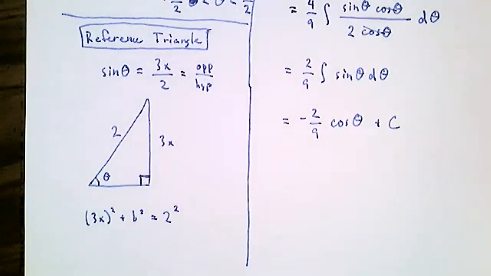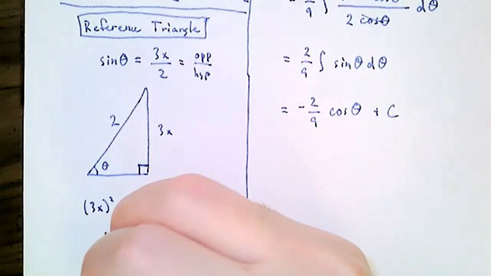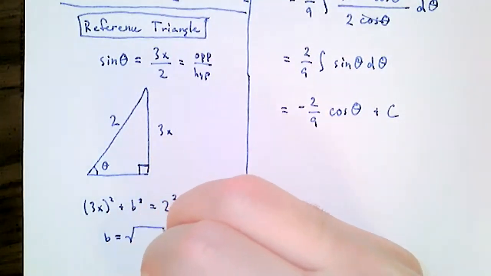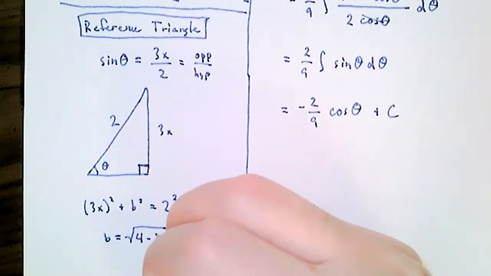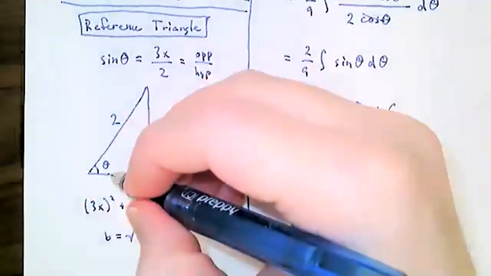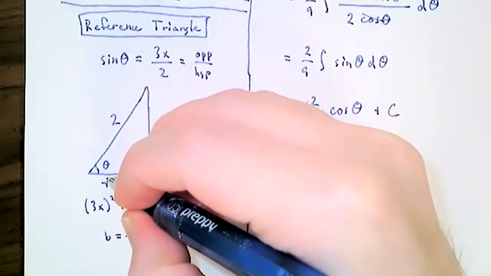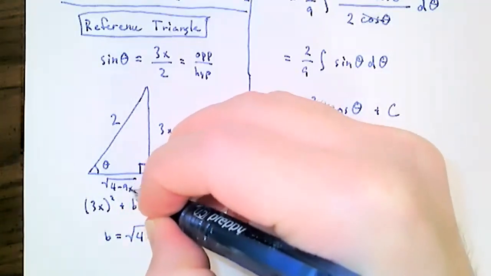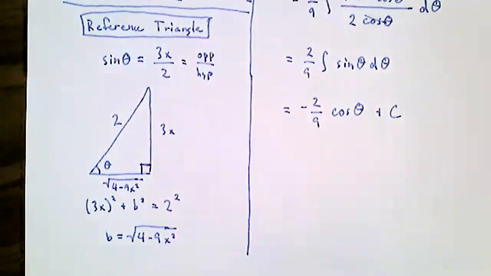And then just solve for b. We'll see that it's equal to the square root of 4 minus 9x squared, if you just multiply everything out here. Maybe go ahead and just label that on your triangle, like so.